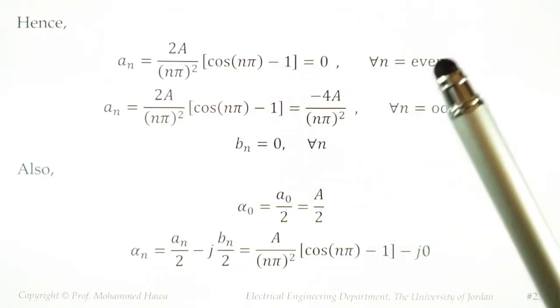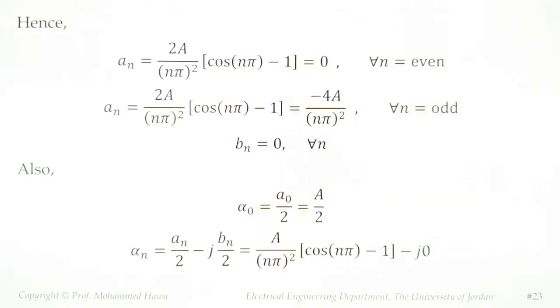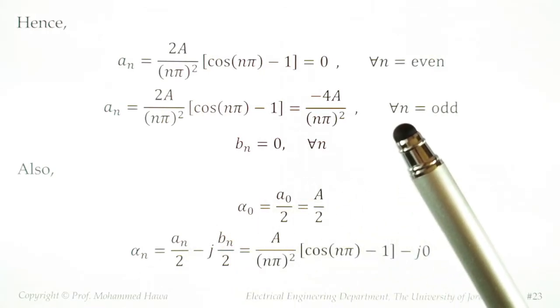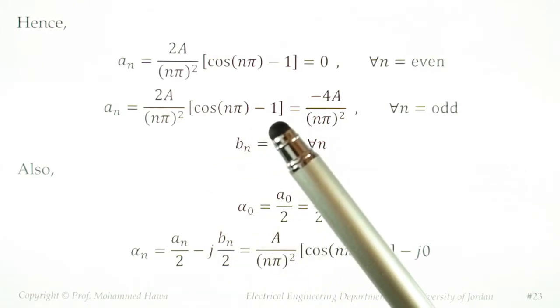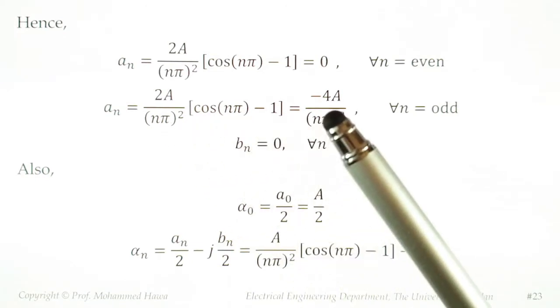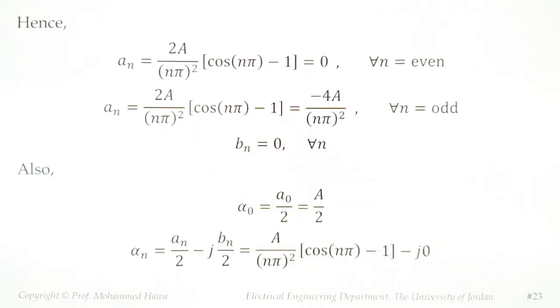So an is equal 0 when n is even. On the other hand, when n is odd, you get cosine pi, cosine 3 pi, cosine 5 pi. That's negative 1. Negative 1 minus 1, you get minus 2. Multiply by this, you get minus 4a over n pi square, which is a negative value. Bn, as I said, is 0 for all values of n.